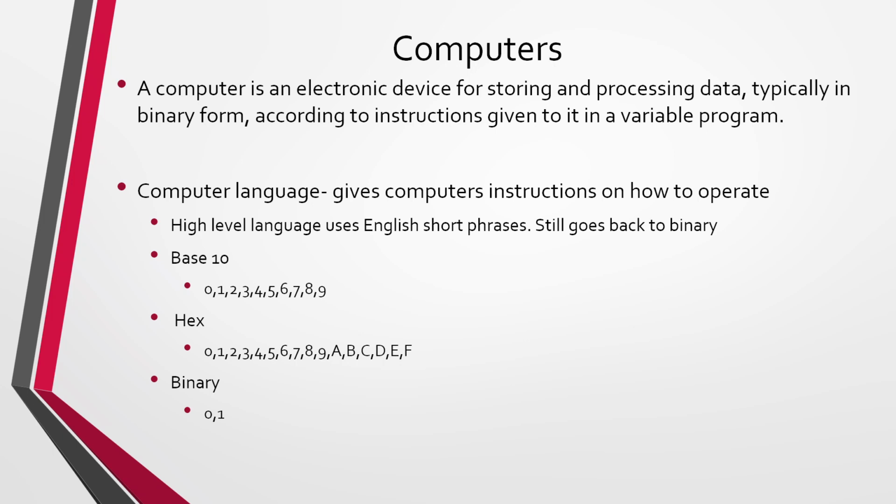So in hexadecimal, which is how computers think also, it goes 0 to 9, and then it's A, B, C, D, E, F. And then after F, it would go to what we would say 10, 1-0.